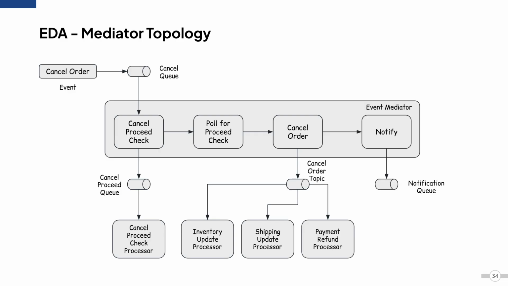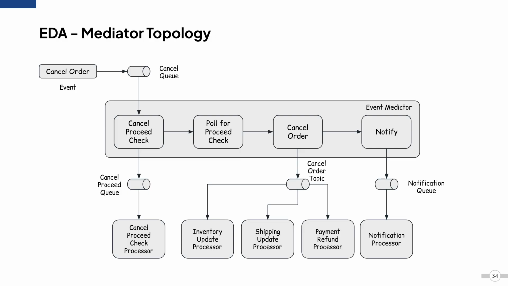And then finally you notify asynchronously by using a notification queue, and then a notification processor may do the job for you. But in this architecture, there is a wait. For example, the event mediator does the job of orchestrating the cancel order event that came in the first place, but the second step had to wait on the first step.